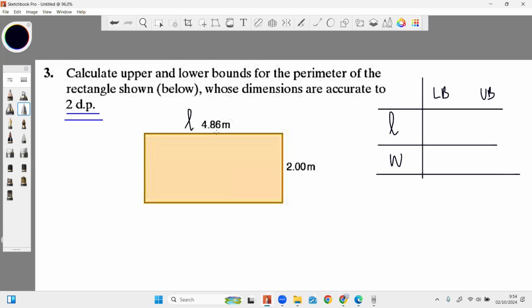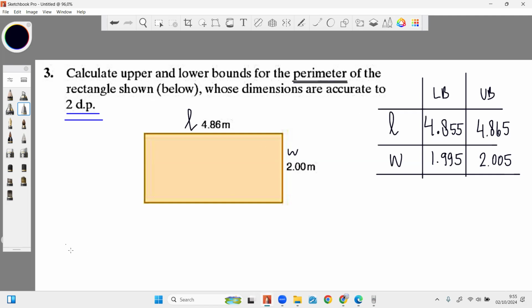The upper bound of the length, just add 5 on the edge. How about the lower bound? The width is 2.00, so 2.005. And here, 1.995. Quite complicated.